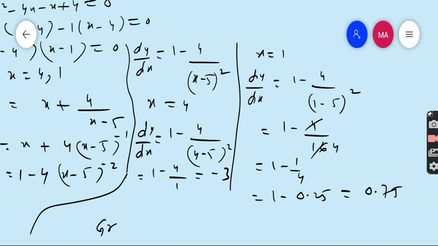So the final answer for the gradient: the first answer is 0.75 and the second answer is minus 3. This is our final answer. Hope you understand. Move to the next question.